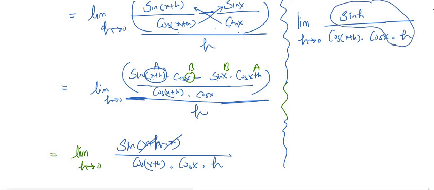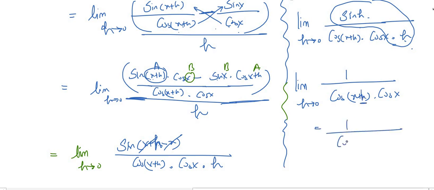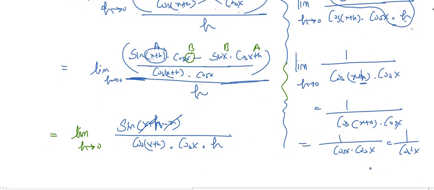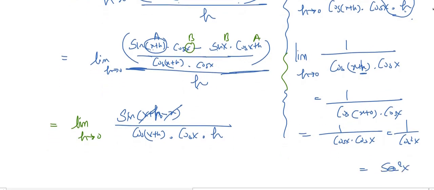Sin h by h, we learnt in the last class, is nothing but 1, by formula. So this will be 1 divided by cos of x plus h into cos x. This became 1. Now we just need to put h equal to 0. So 1 by cos of x plus 0 into cos x, which is 1 by cos x into cos x, which is nothing but cos square x. And 1 by cos square x is nothing but sec square x.